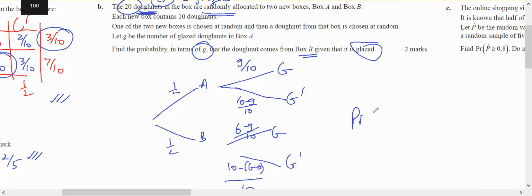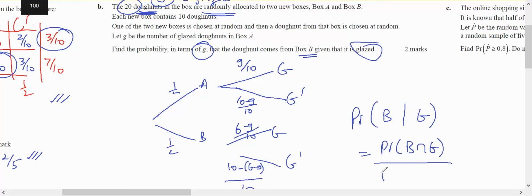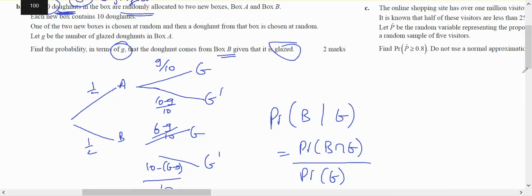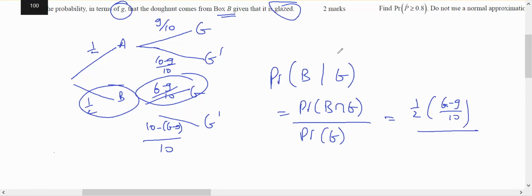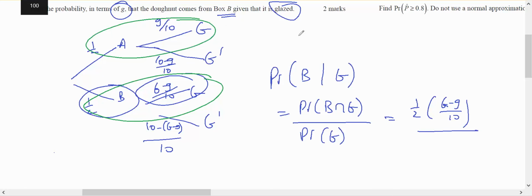So the probability of coming from B, given that it's glazed, will be the probability of B intersect glazed over the probability of glazed. The probability of the intersection of B and glazed is 1/2 times (6 minus G) over 10, over the probability of glazed, which will be this plus this.